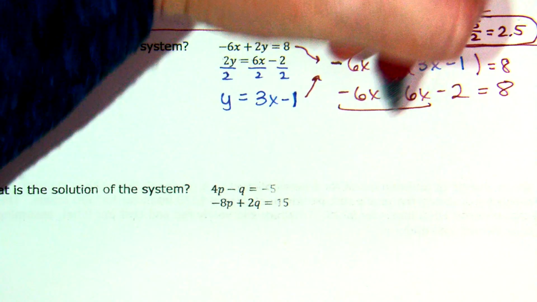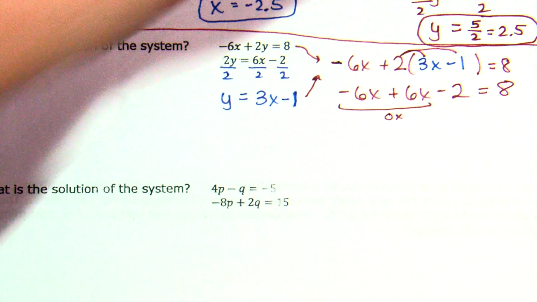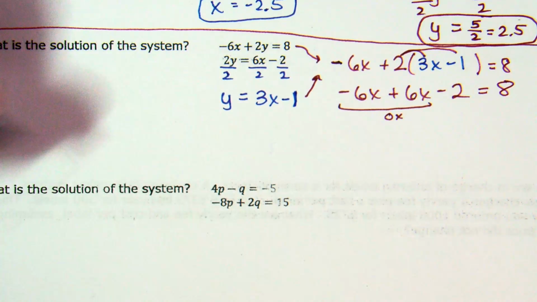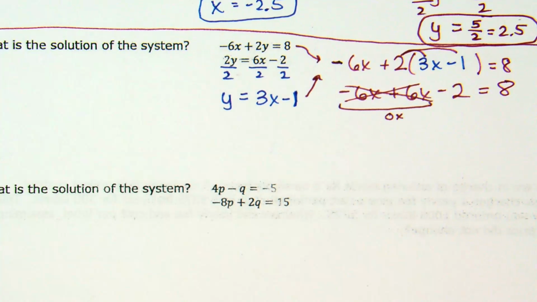If you want to, you can say 0x. But 0 times anything is 0. So what really is happening with my x's? They're canceling out. And so when I say 0x, that means I have no x's left in my problem. What parts of my problem is remaining?